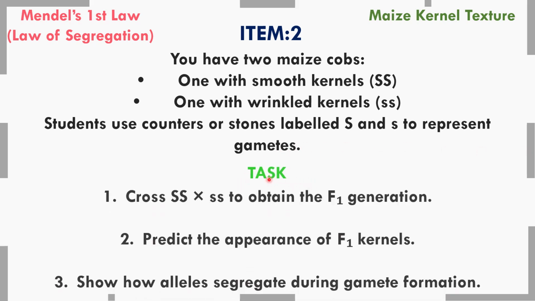Task: cross capital S with small s to obtain the F1 generation. Predict the appearance of the F1 kernels. Show how alleles segregate during gamete formation.